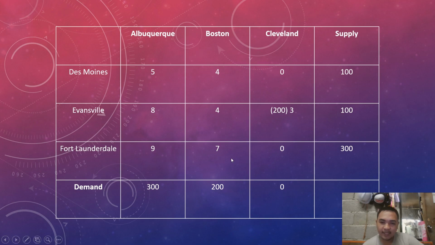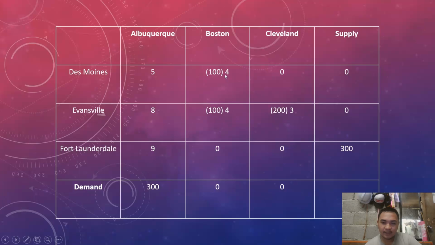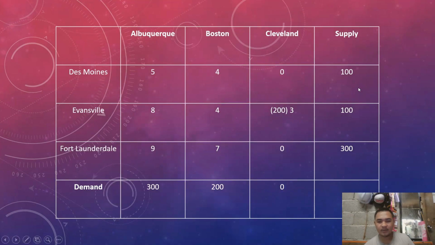So next we look at the next lowest cost for transportation, which is Boston, in Des Moines and Evansville, which has a transportation cost of about $4. So we allocate 100 each to Des Moines and Evansville, since the supply for Evansville and Des Moines is just 100 each, and the demand is 200.